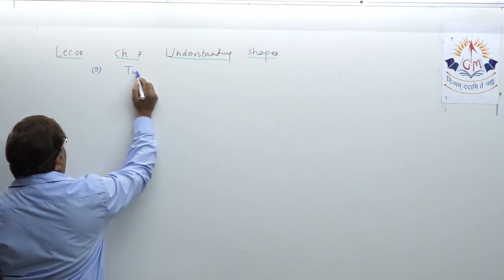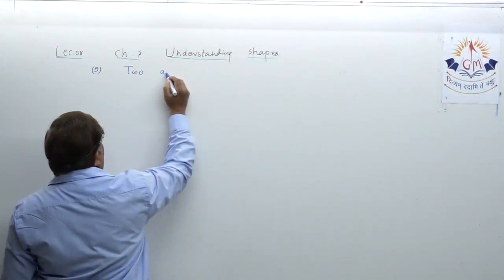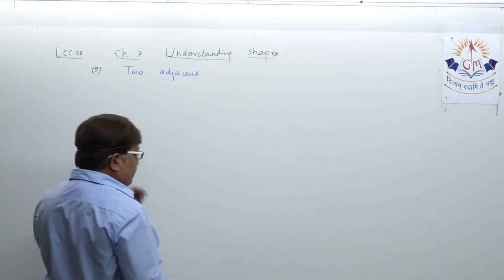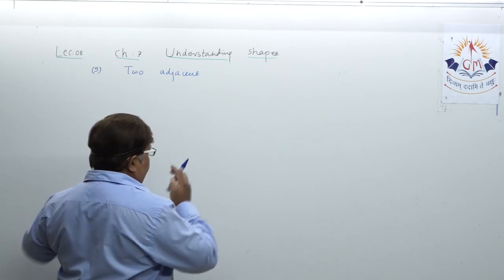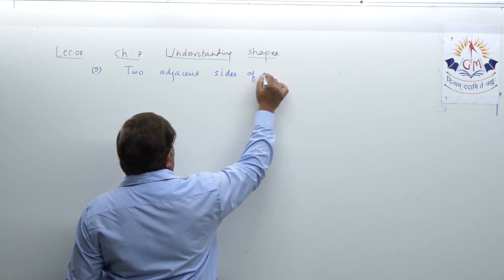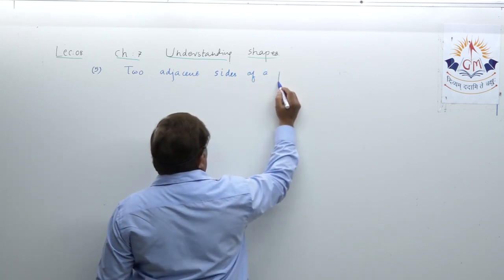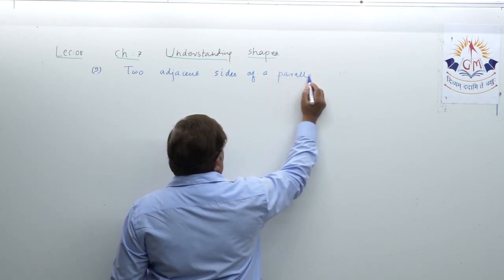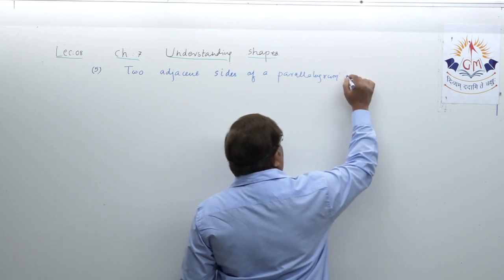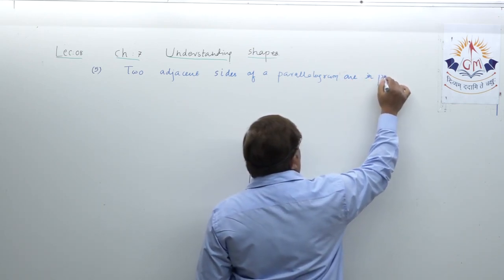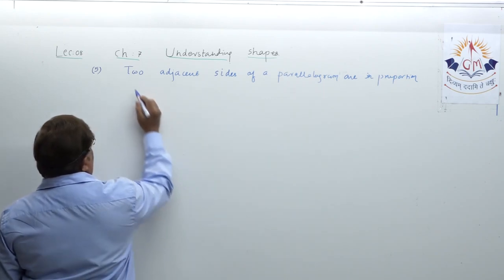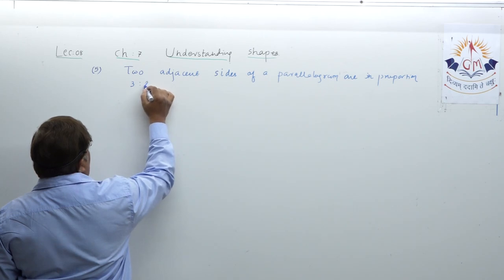Just note down with me. 2 adjacent sides of a parallelogram are in proportion 3:2.